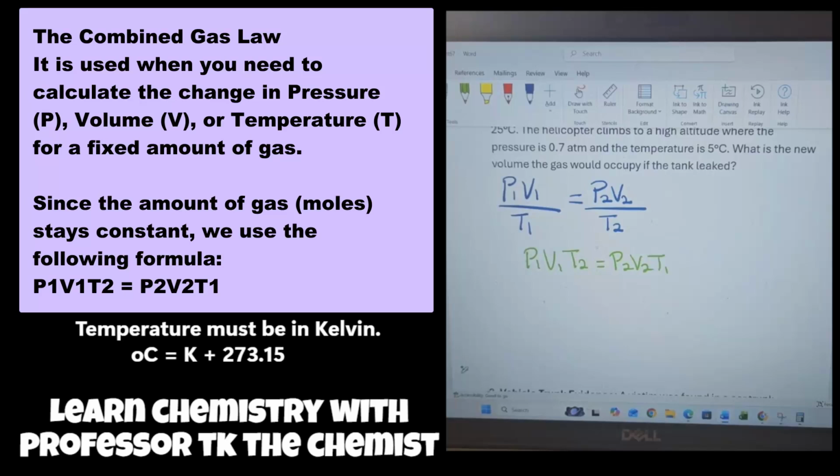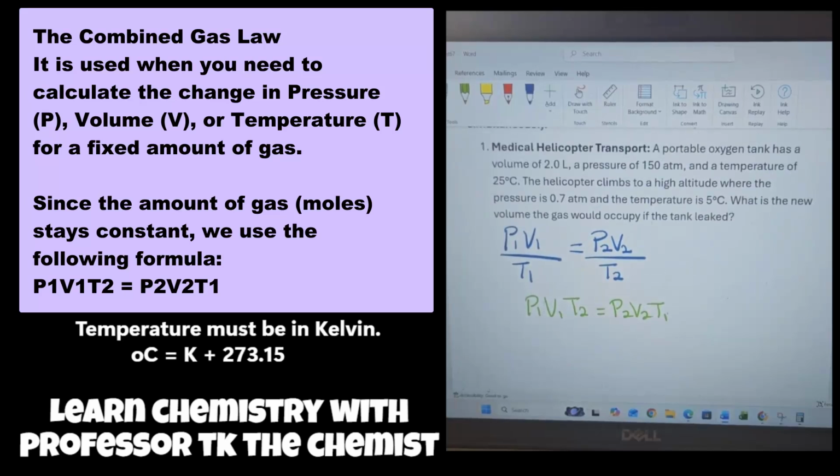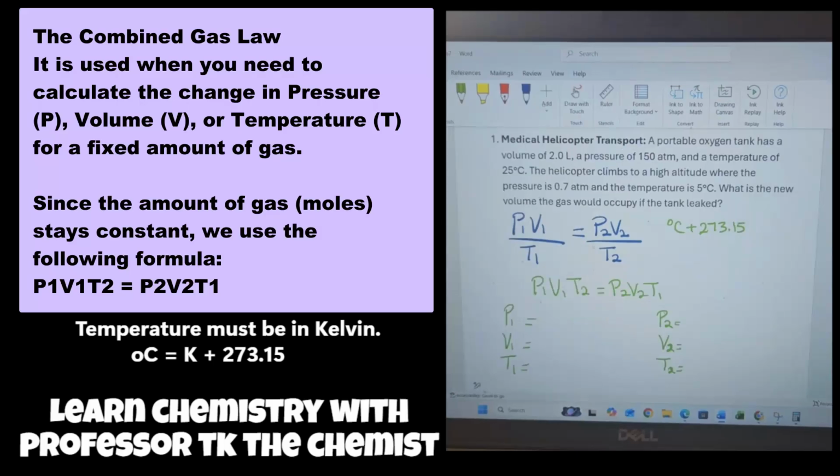Now, with that being said, let's go back up to the problem itself, and I'm going to go ahead and plug the numbers in. But in this case, you should notice something about the temperature. The temperature is not given in Kelvin. And just FYI, degrees Celsius plus 273.15, or you could just say 273. A portable oxygen tank has a volume of 2.0 liters.